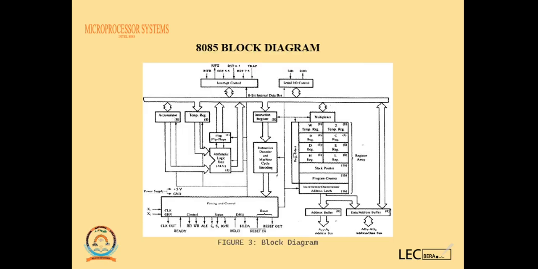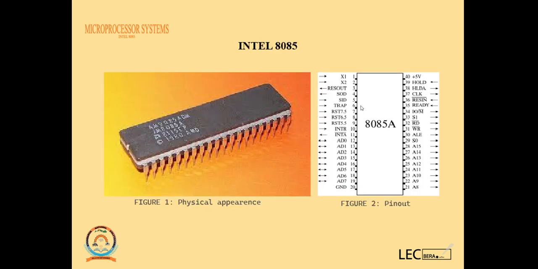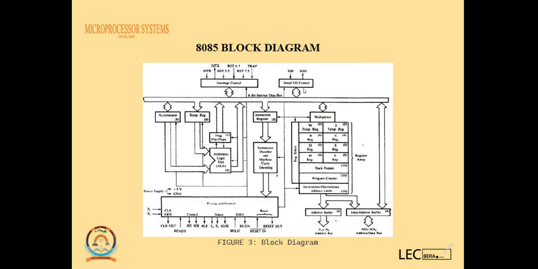The next diagram, which is figure 3, shows the block diagram of what is happening inside that IC. You've seen we have the physical IC here, the pins and their representation. Now inside this IC, this die, we have these functional block diagrams.